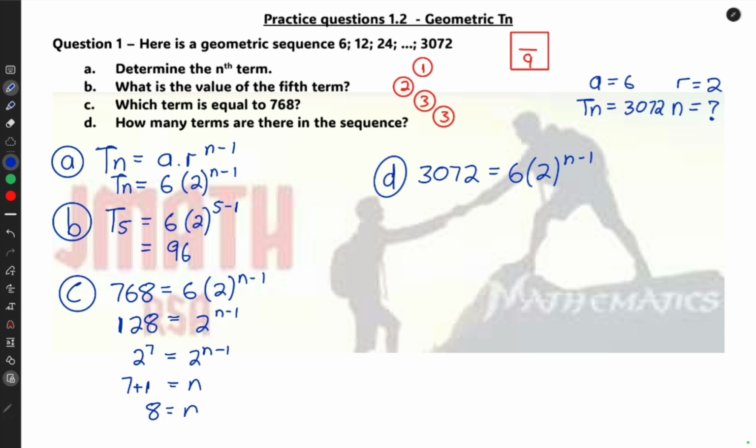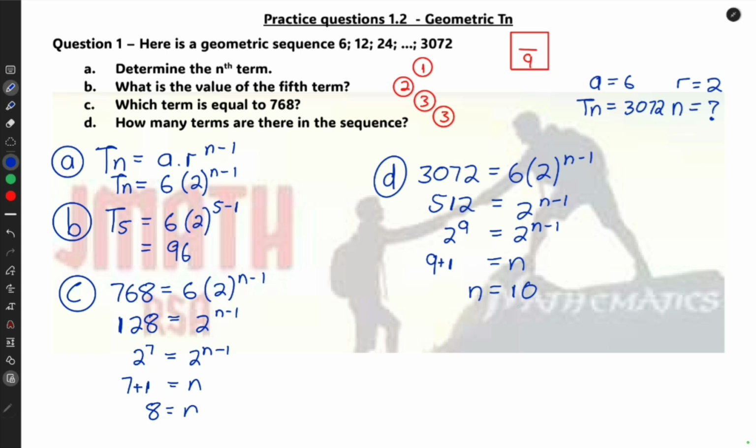Step 1, divide both sides by 6, and I can see this is 512. Then the right side just stays the same. If I now say 512 equals shift fact, it's going to tell me it's 2 to the power 9, equal to 2 to the power n minus 1. Bases are the same, drop them, and then I can say therefore 9 plus 1 is equal to n, and n is then equal to 10.